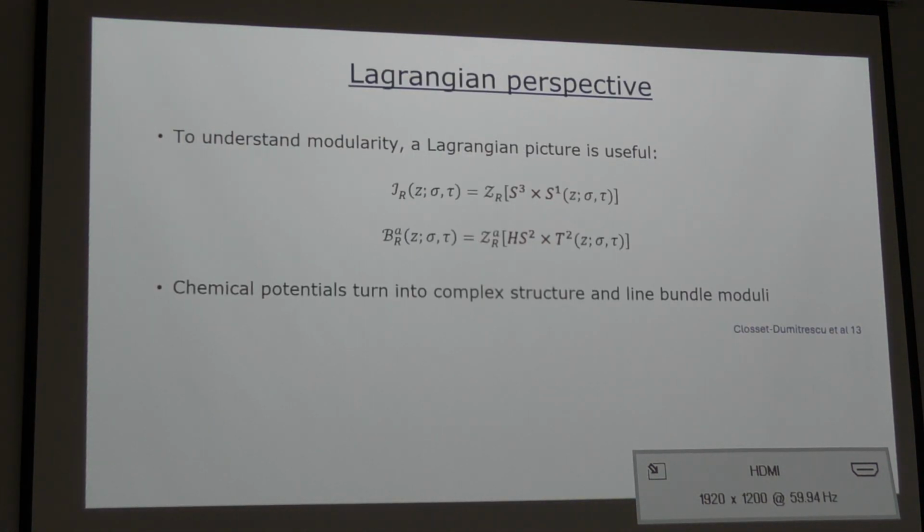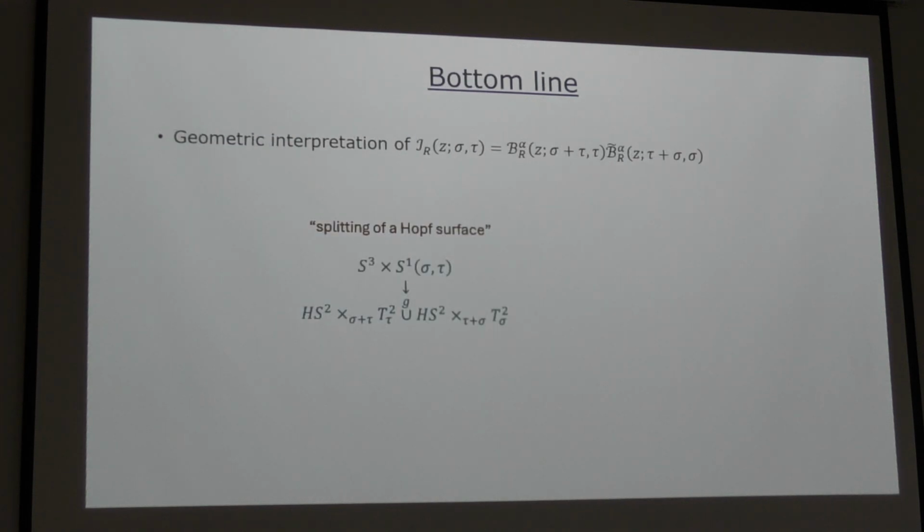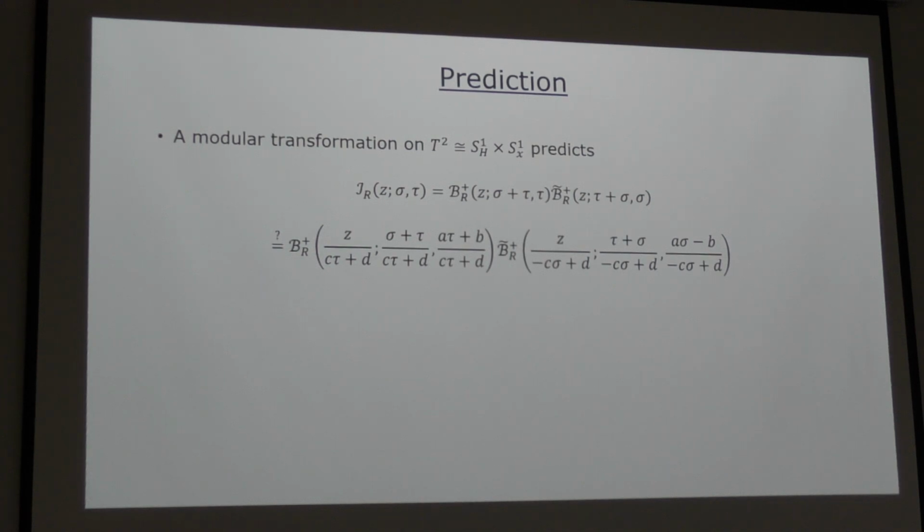Okay, I think I'm probably out of time. So let me just get to the statement of modularity. I have this factorization in terms of hemisphere indices, which can be thought of as an infinite product of these 2D elliptic genera associated with either the northern or the southern hemisphere.